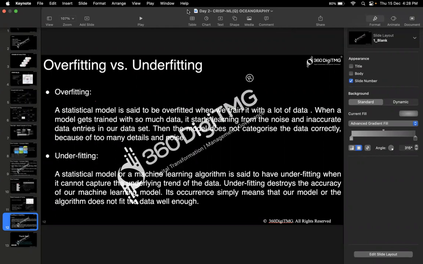It simply means that our model or algorithm does not fit the data well enough. So this was about overfitting and underfitting.